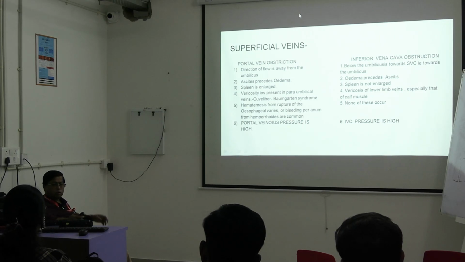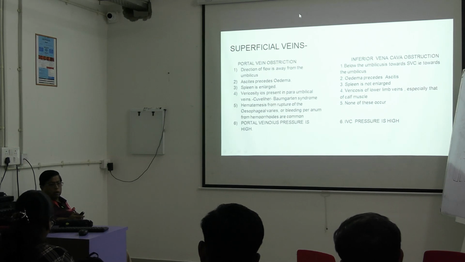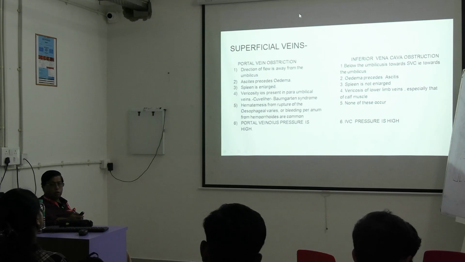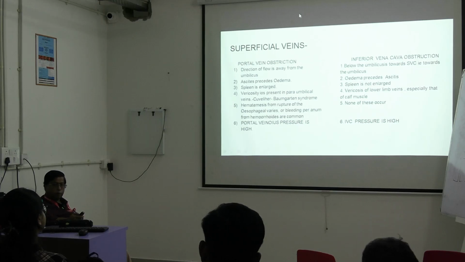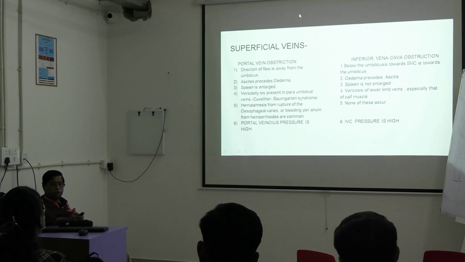So if there is obstruction in the inferior vena cava, you can see engorged veins in the abdomen, mostly in the lumbar region, but they can be seen in the abdomen. This may be another cause, other than portal hypertension, of visible veins in the abdomen, but the conditions are different.